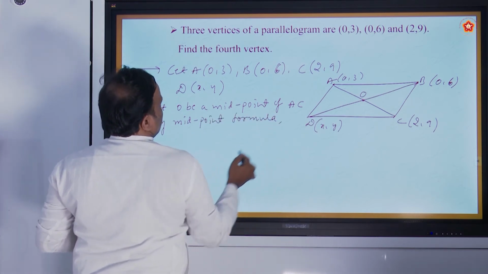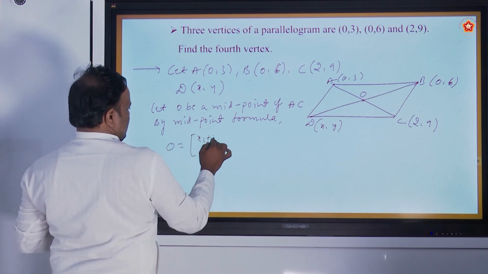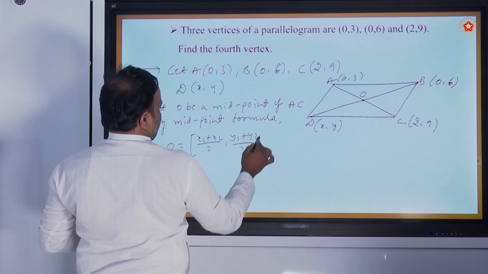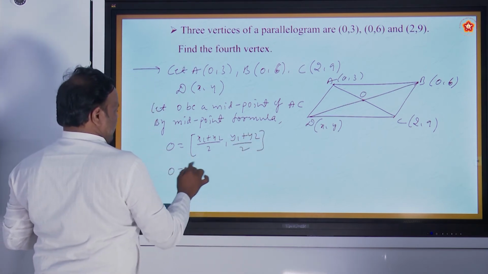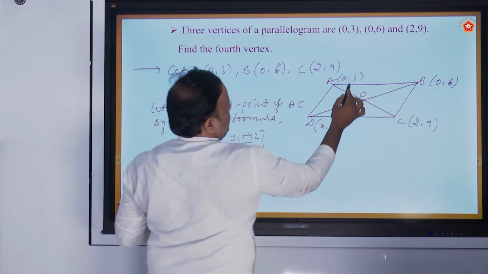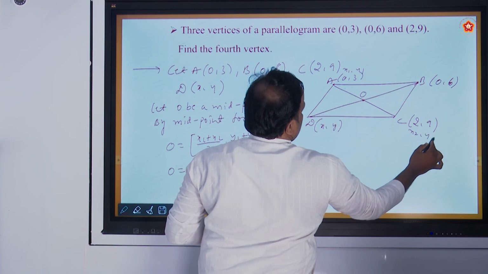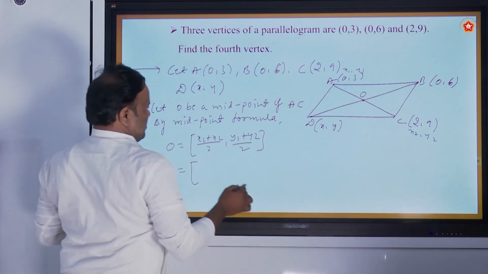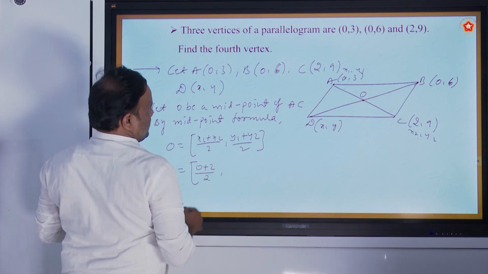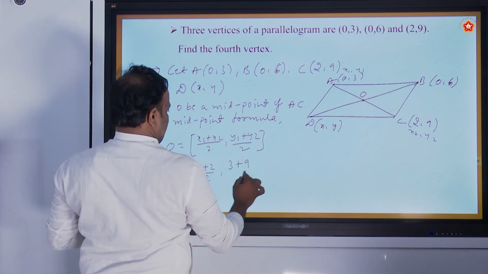What is the midpoint formula? O equal to x1 plus x2 by 2, y1 plus y2 by 2. Here x1, y1 is A and x2, y2 is C. x1 plus x2 means 0 plus 2 divided by 2. y1 plus y2, 3 plus 9 by 2.